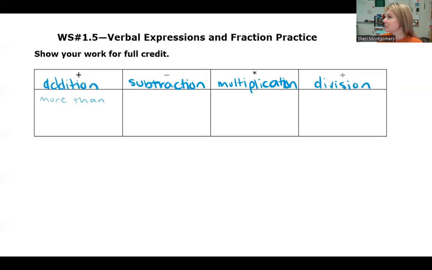So we could also see the word sum, and sum is the result of adding things together. So you might see sum, S-U-M. For subtraction, you might see difference. You might see less than.